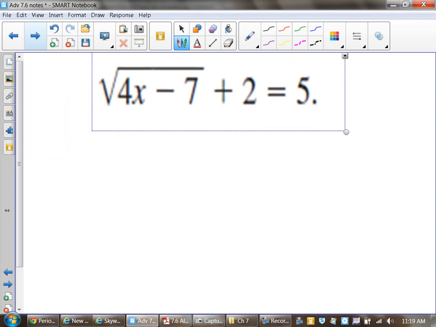You've probably even solved stuff like this before. The square root of 4x minus 7, plus 2, is 5. Yeah. Start by subtracting the 2. I can't get rid of the square root symbol until everything else is moved away. How do you undo square root? Square.